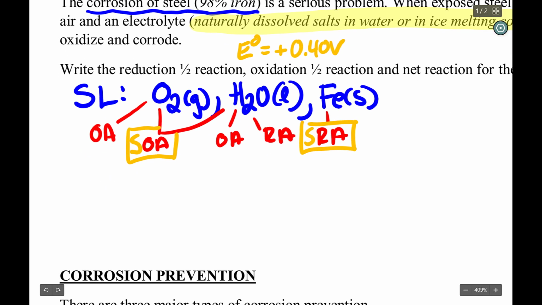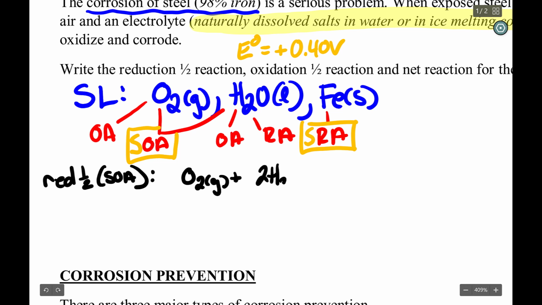So I'm going to proceed to write out the reduction and oxidation half reactions using my reduction half reaction table. So moist air, which is the reduction half reaction because it is the SOA, is O2 gas plus 2 H2O liquid plus 4 electrons becoming 4 OH minus aqueous.